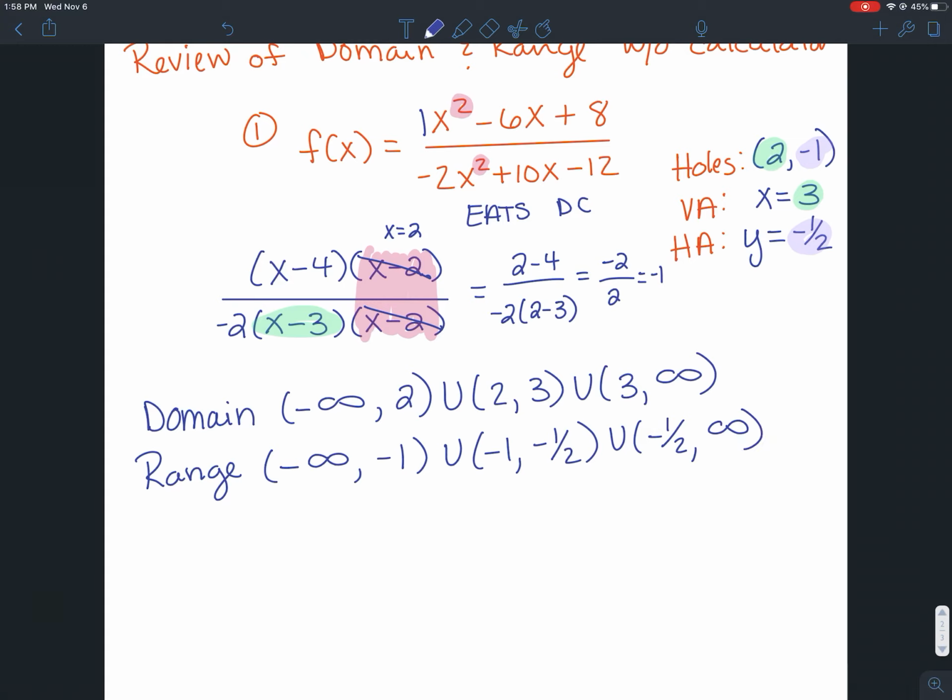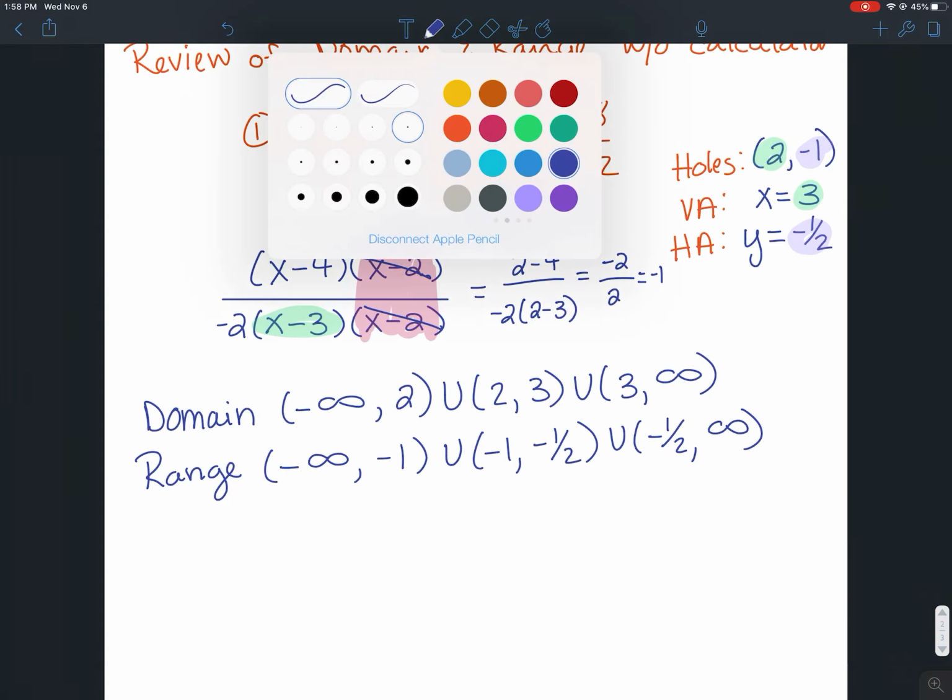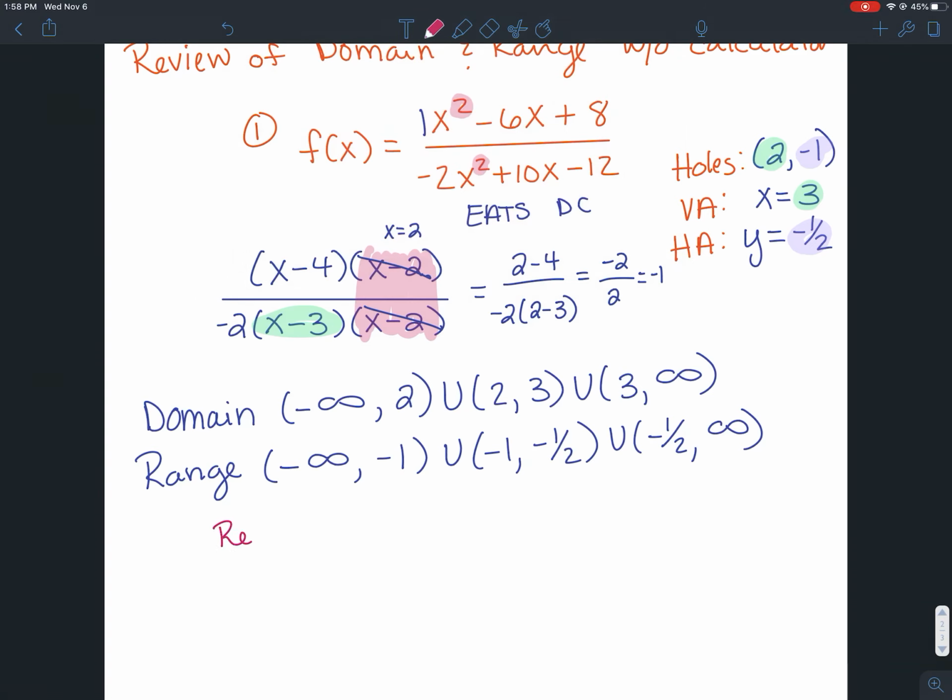Now, I could even ask you, okay, well, what type of discontinuities do I have? Without looking at a calculator, we have a hole at 2, negative 1, so that's going to be removable. We have a removable hole at x equals 2. And we have an infinite, because that vertical asymptote is what causes it to be an infinite discontinuity.